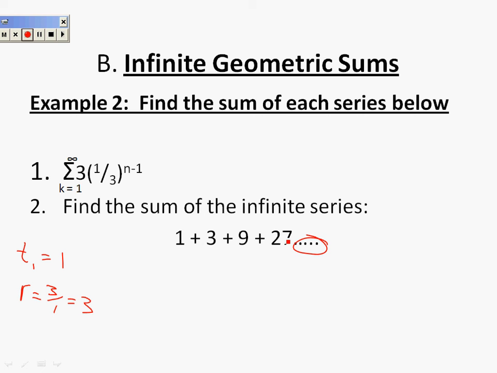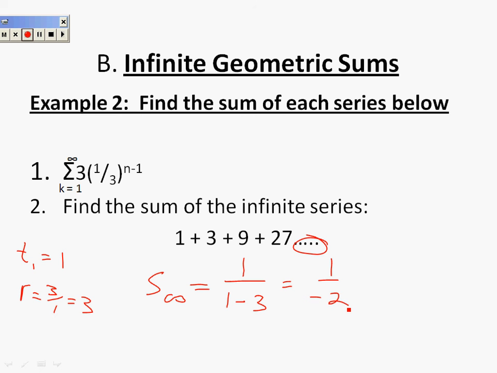So let's do it. So the sum of the, now this is where I want you guys to stop writing, okay? The sum of the first infinite numbers is T1 over 1 minus 3, which is, okay, so whoopity-doo, we're done. That's a false answer.